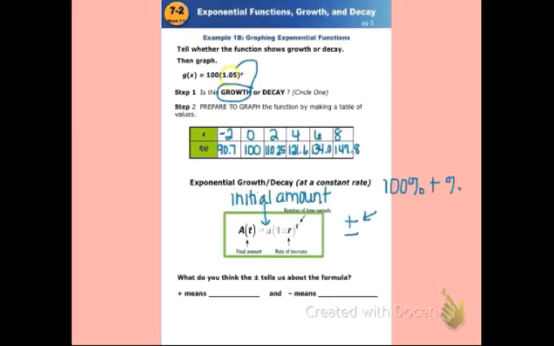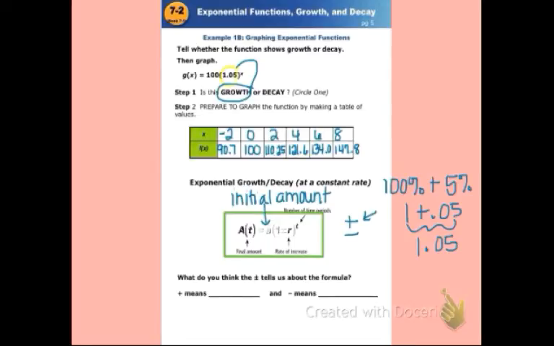So let's say, for instance, I had a growth of 5%. As a decimal, 100% would be 1, and 5% would be 0.05, and if I added those together, that would be 1.05. So multiplying by 1.05 would model growth of 5%.